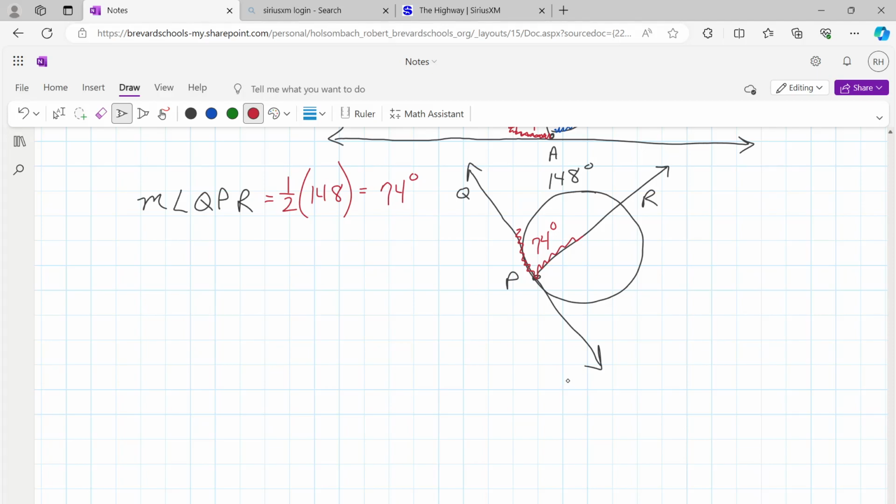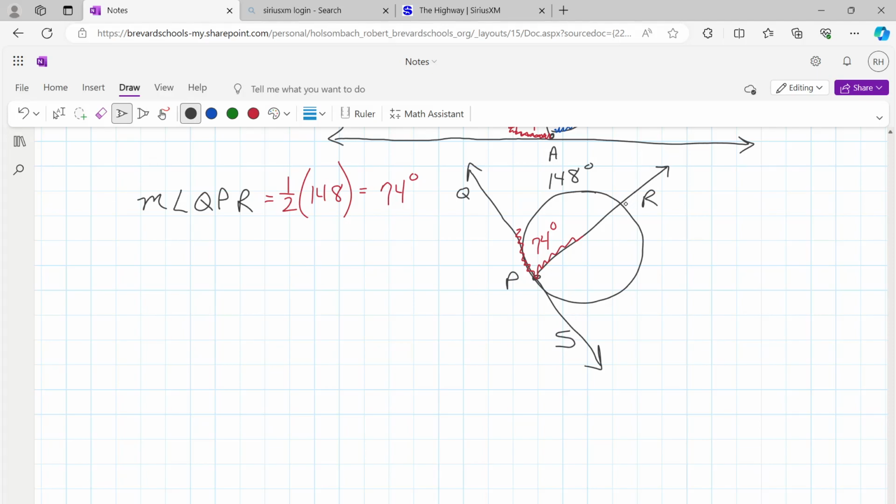So everybody's good with that, right? Let's keep in mind that this circle from P all the way around back to P has to measure 360 degrees, doesn't it? And if you've got these two angles formed in here, they're a linear pair. So let's add point S right here.